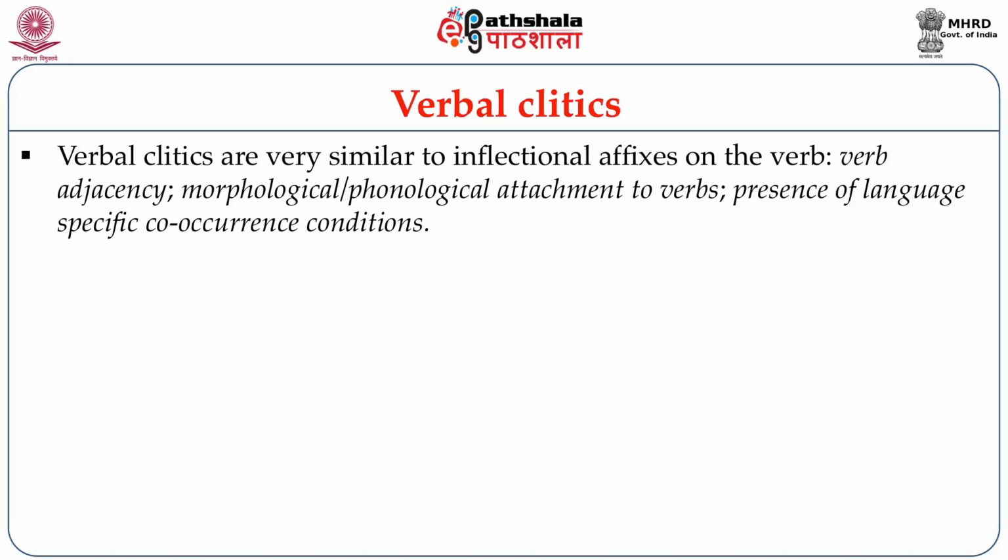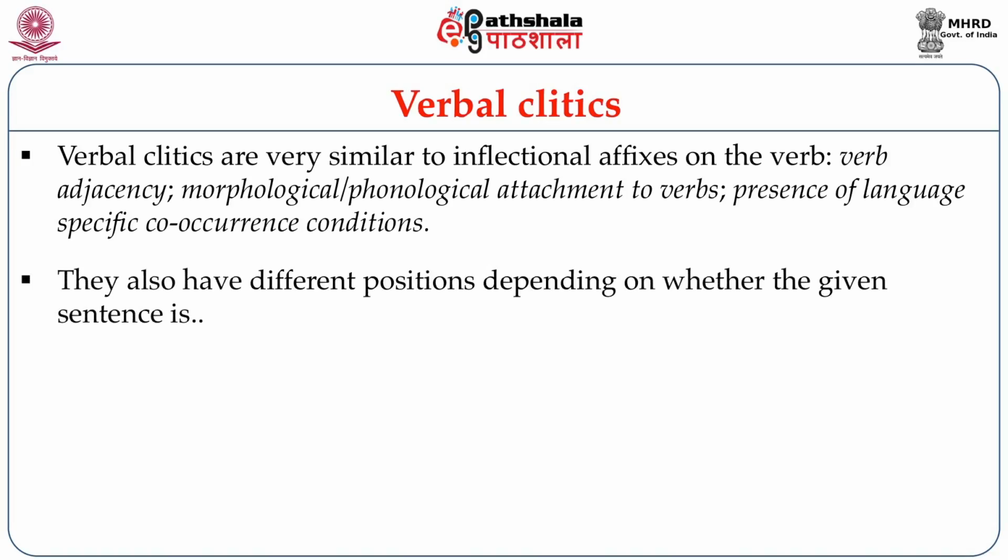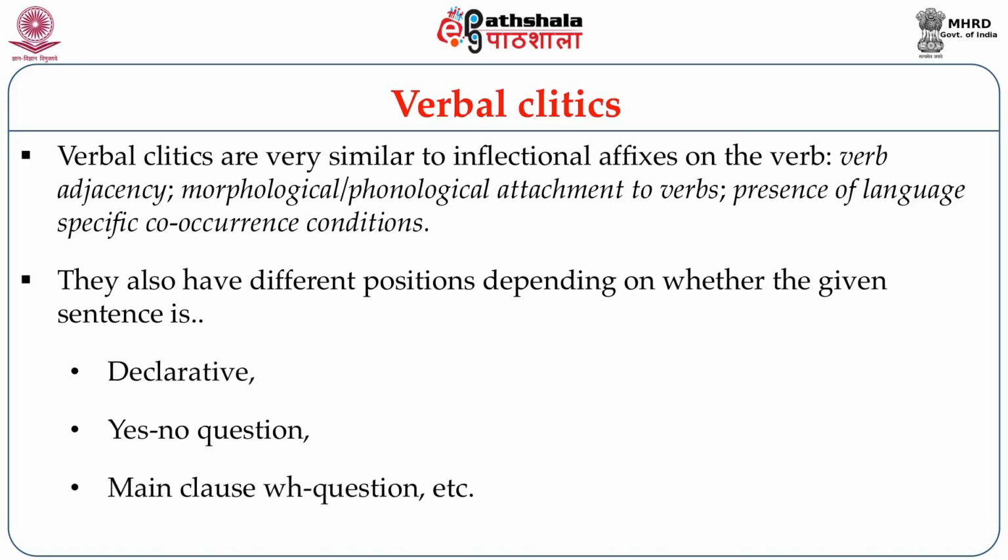It has to have some kind of a morphological or phonological attachment to the verbs. And we may also find that there may be presence of language-specific co-occurrence conditions or restrictions. Thus, we may find that verbal clitics may have different positions of appearance depending on whether, for example, the given sentence is a declarative sentence, whether it is a yes-no question, or whether it involves a main clause, WH questioning, etc.